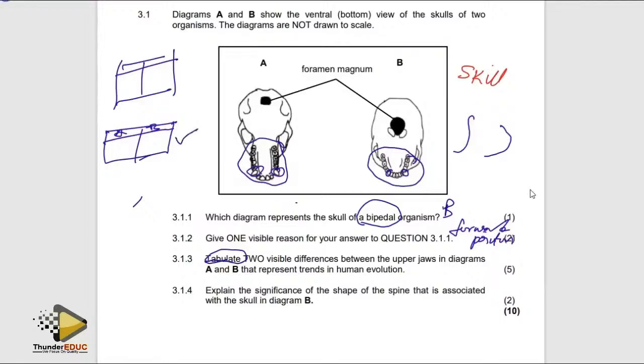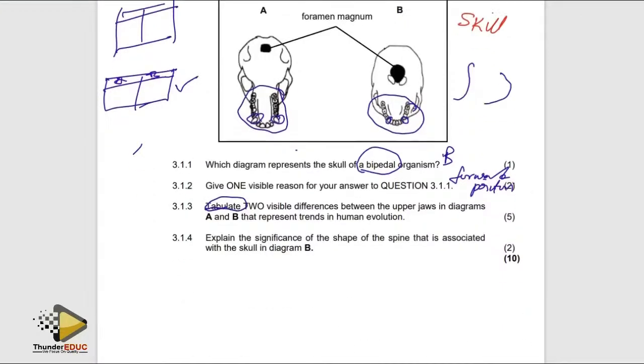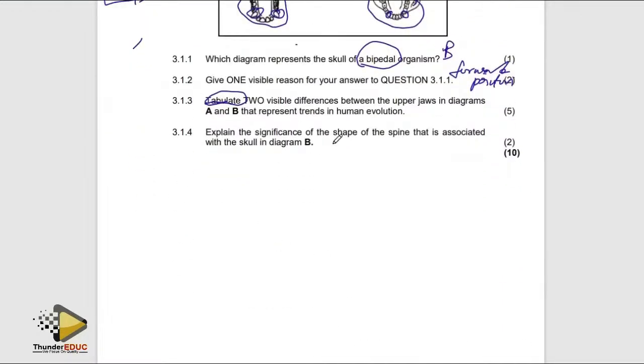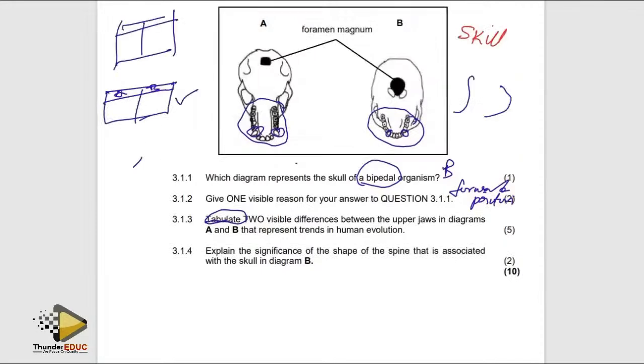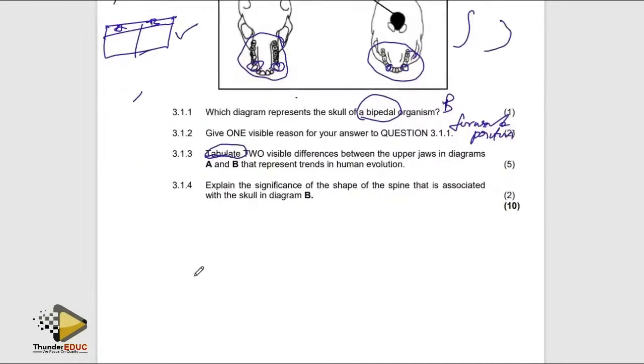Then they're saying explain the significance of the shape of the spine. I talked about it. That is the significance of the shape of the spine that is associated with skull B. What is skull B? Skull B, we say that it is walking on 2 limbs, and the shape, if you look at it, is S shape.